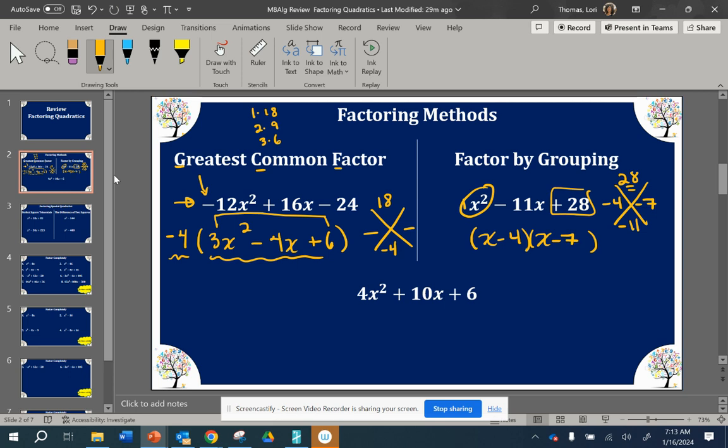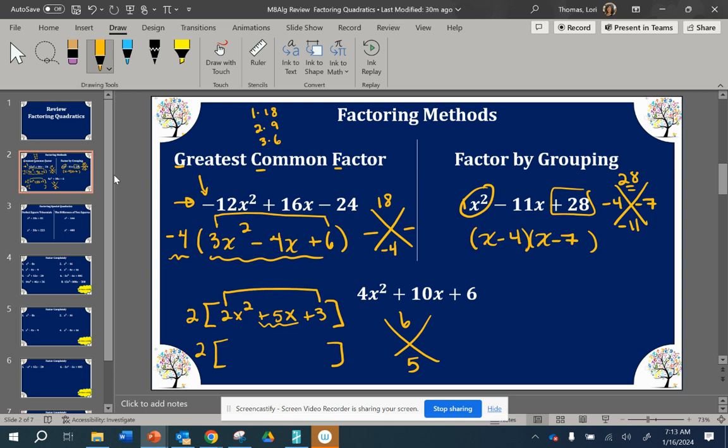Our third example, we're going to have a GCF of 2. When we factor out a 2, we get 2x squared plus 5x plus 3. Now we're going to split our middle term of 5x. The product must be 6 when we split our new b value. So 2 times 3 is the 6.